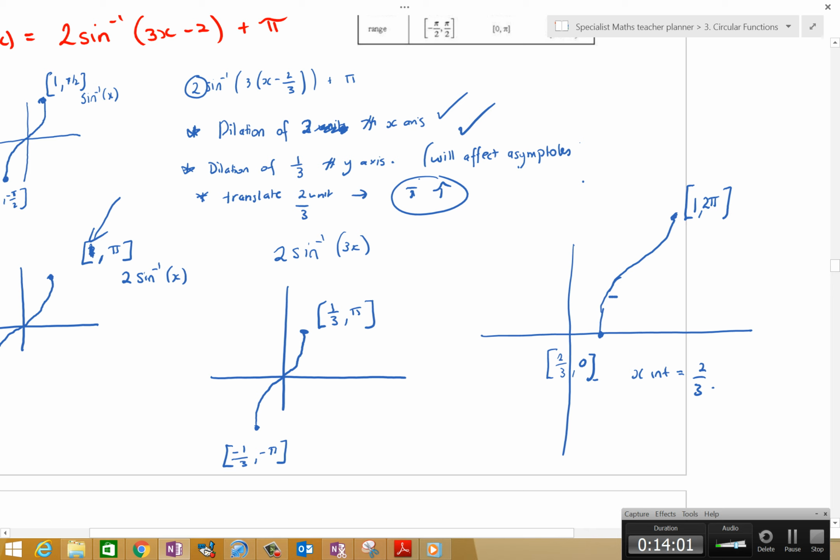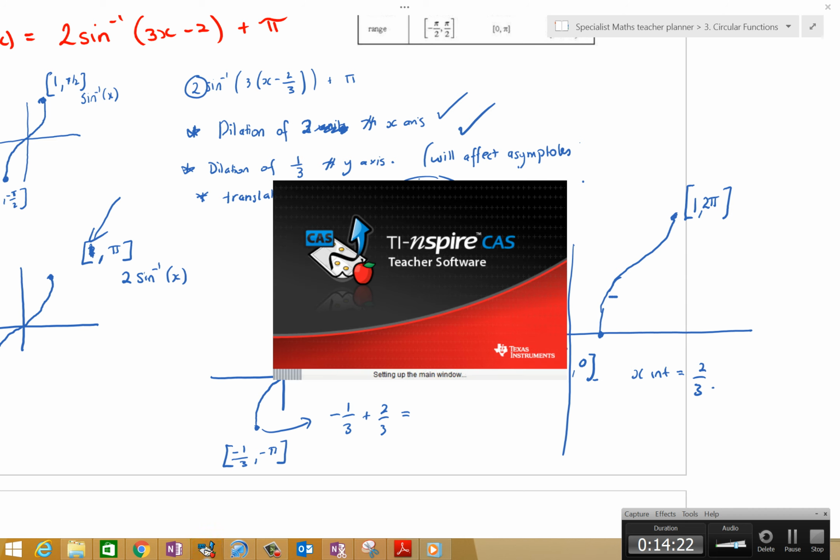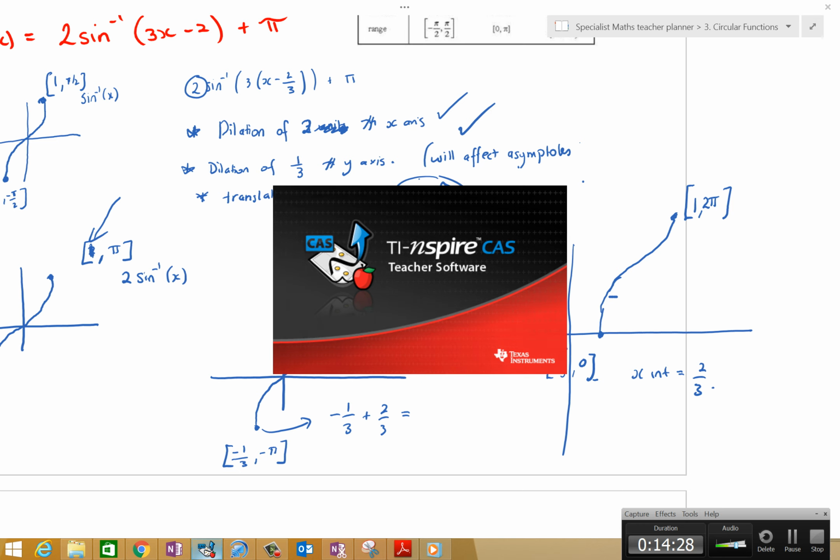I did have that over here. That negative a third plus 2/3 is equal to 1/3, yes. Okay, so that's it. And of course, if I was to sketch that graph, we could also check. And look, very rare, you're not going to be asked to sketch a graph like that in an exam 2. It's an exam 1 question.